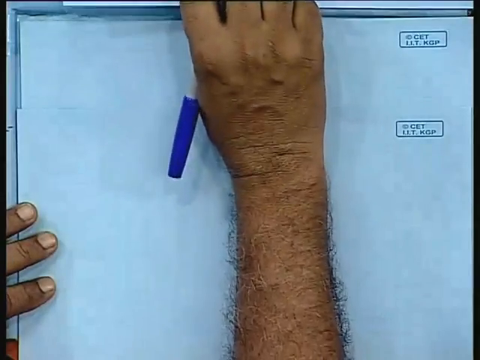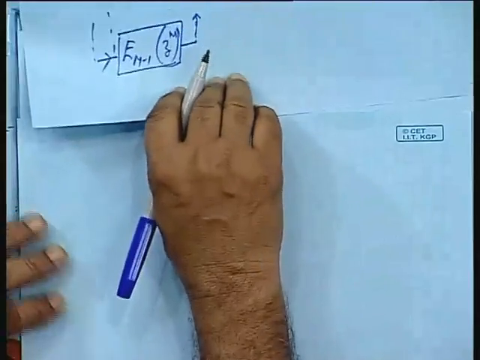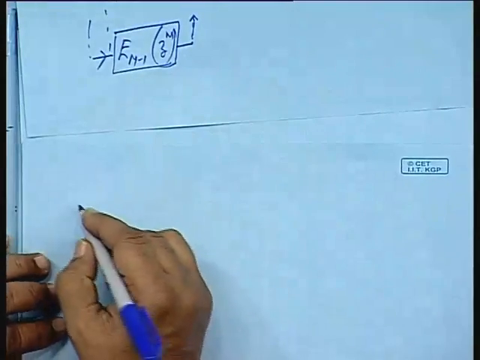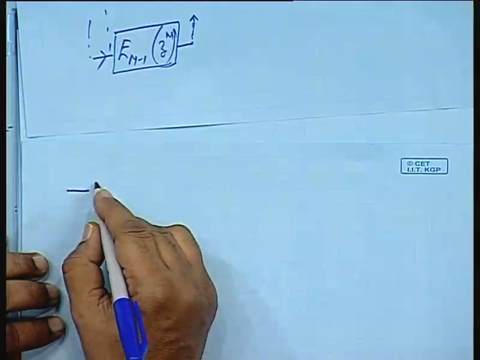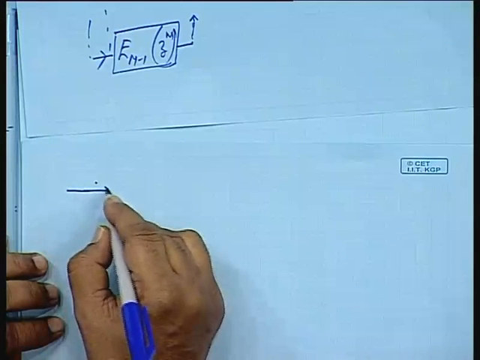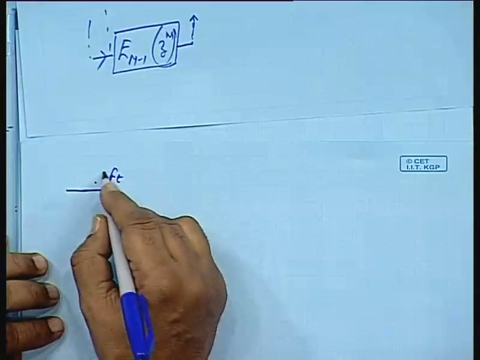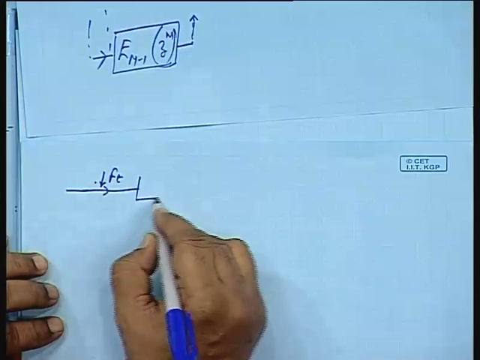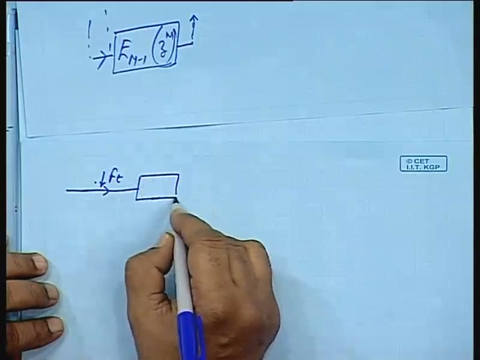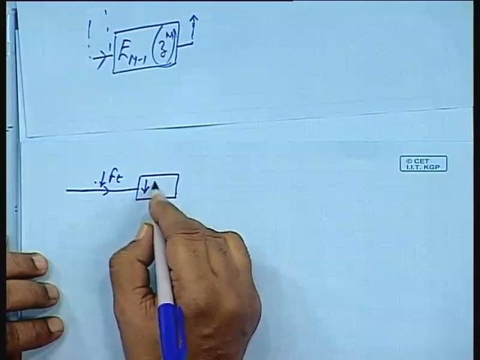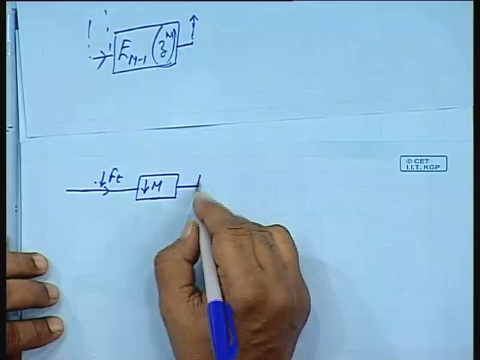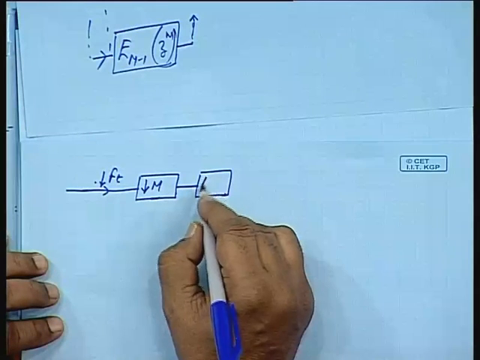And now we are having Ft. I can put the downsampler first, then what will be this one?